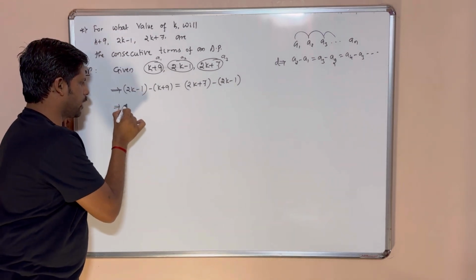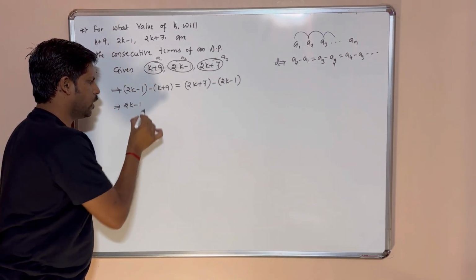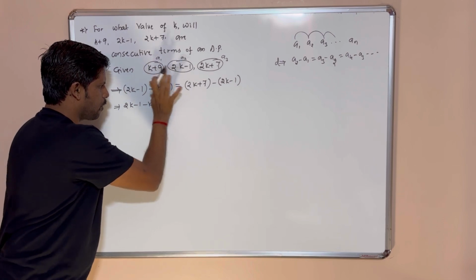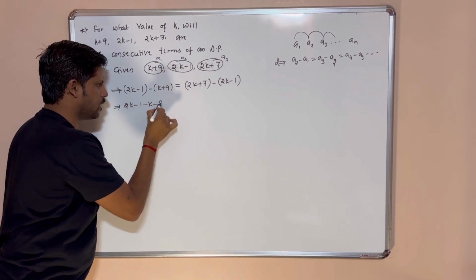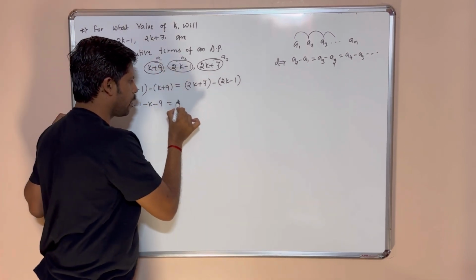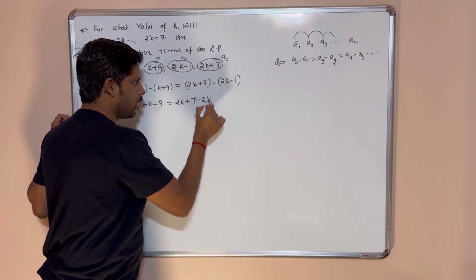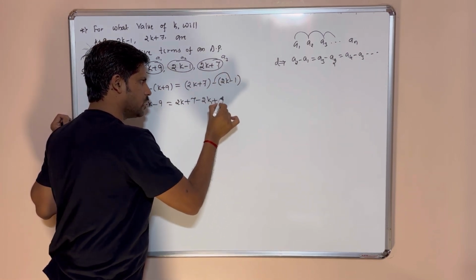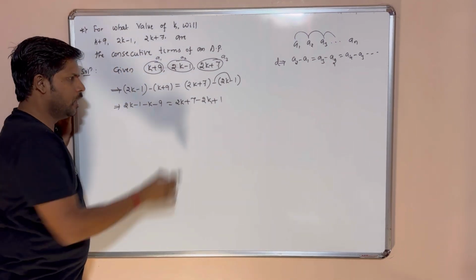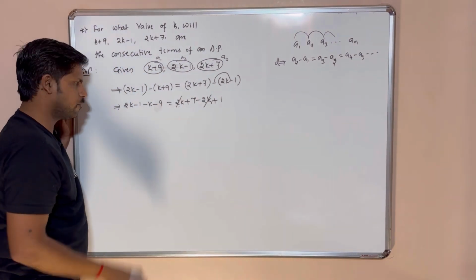Remove the bracket: 2k minus 1 minus k minus 9 is equal to 2k plus 7 minus 2k plus 1. Here plus 2k minus 2k cancel.